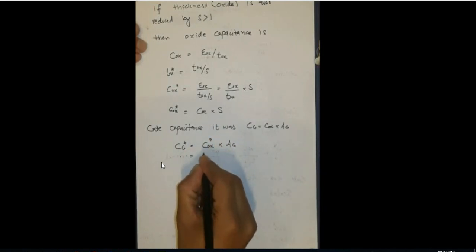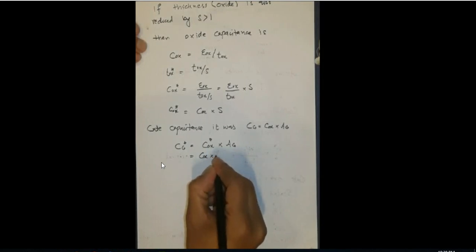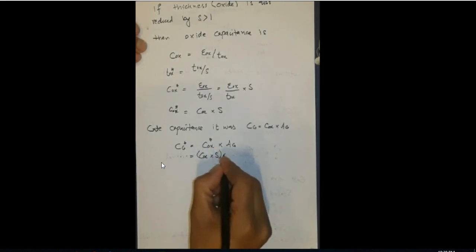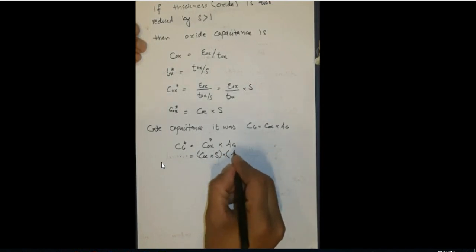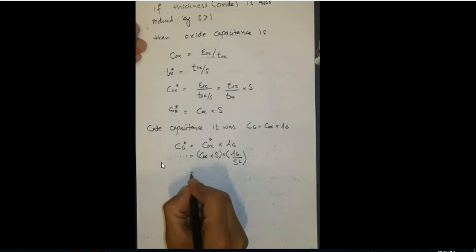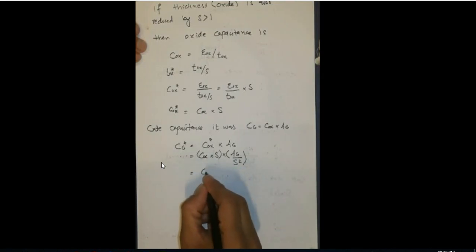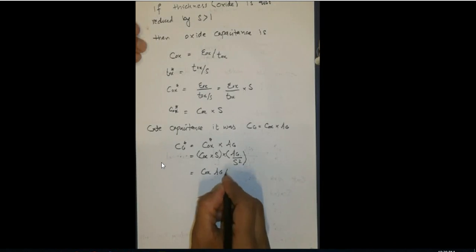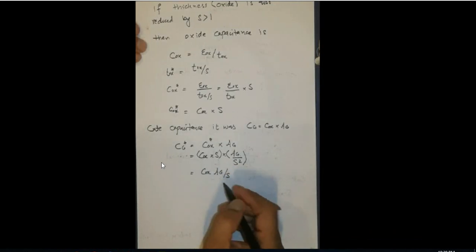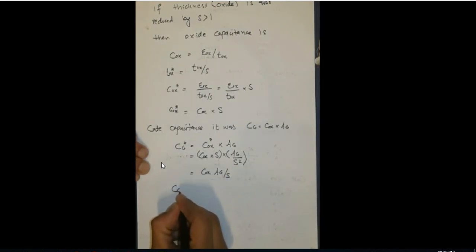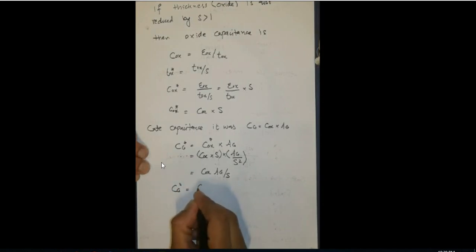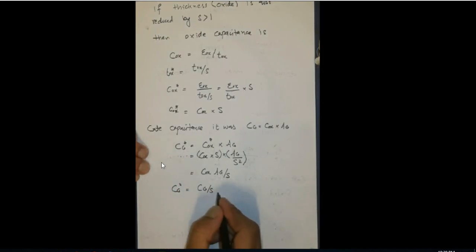C oxide star is C oxide multiplied by S, and Ag, which we have already calculated earlier, is equal to Ag divided by S square. If we solve this expression, it comes out to be C oxide Ag divided by S. So you can observe that the updated gate capacitance Cg star is equal to Cg divided by S, that is, reduced by a factor of S.